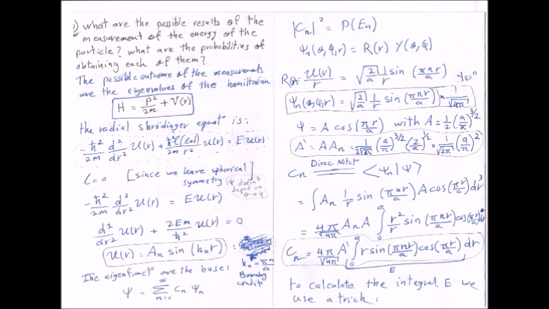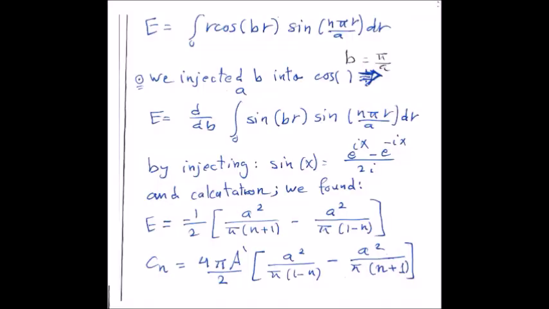Now we return again to the coefficient c_n. Using Dirac notation, c_n will be equal to the bracket of the eigenfunction with psi. I found the eigenwave function previously, which is given by the constant A prime.